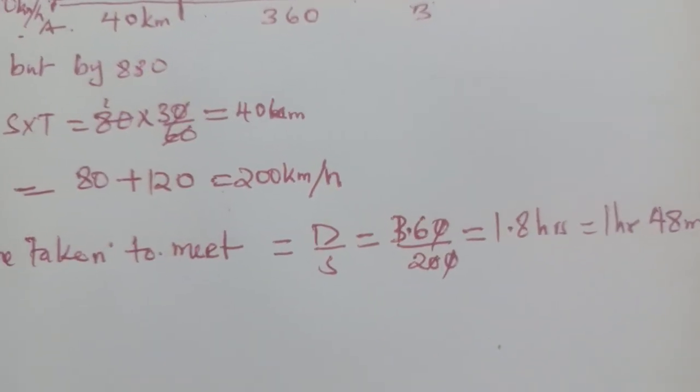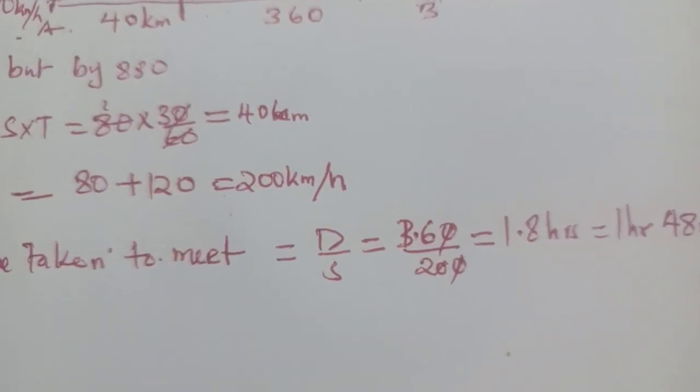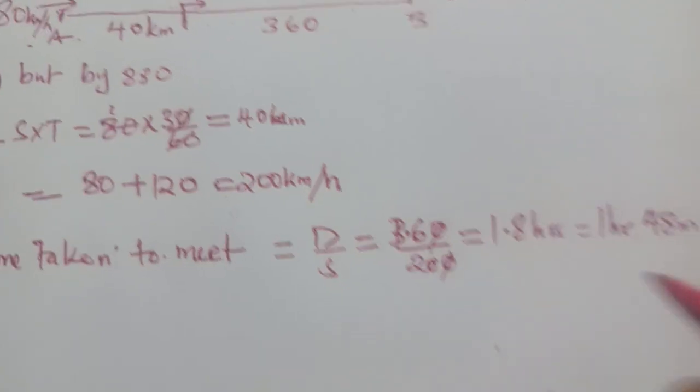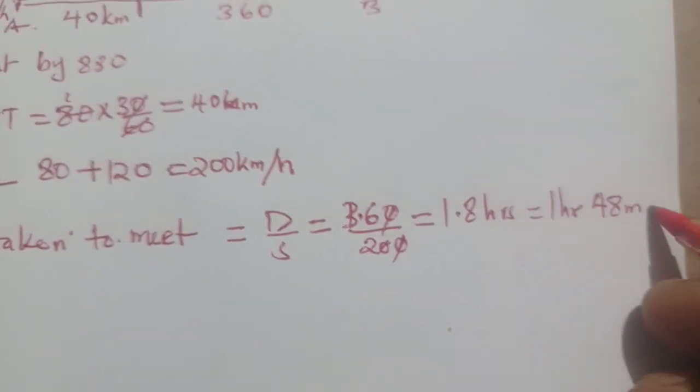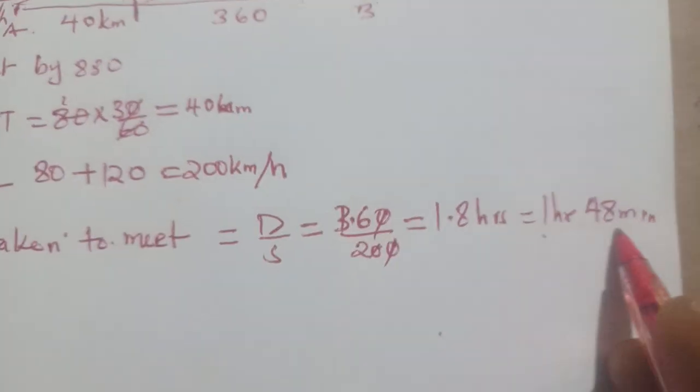You take 0.8 and multiply by 60 to convert into minutes, which is 48 minutes. So this is the time taken for the two vehicles to meet.